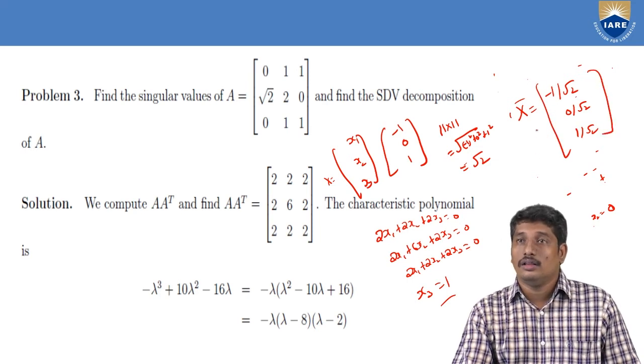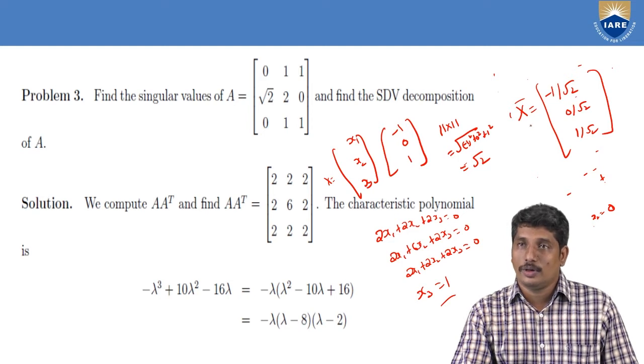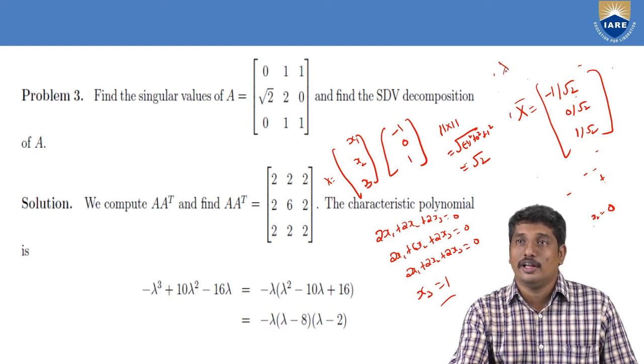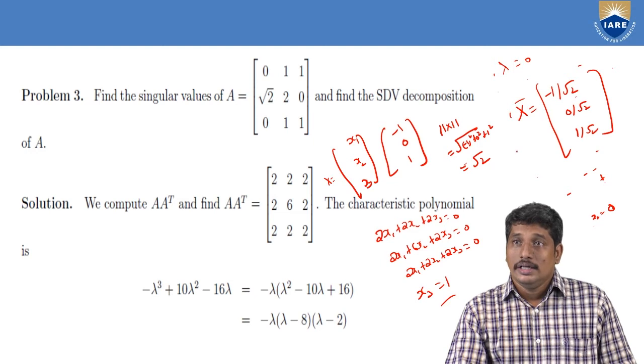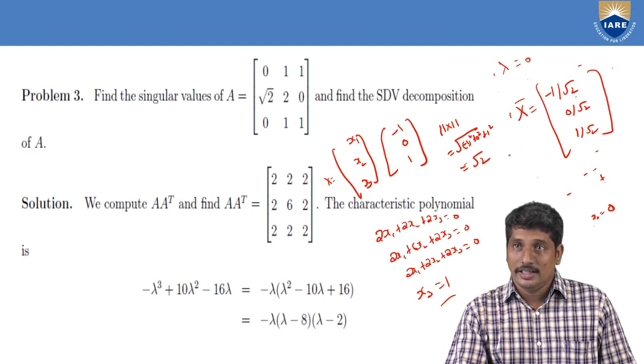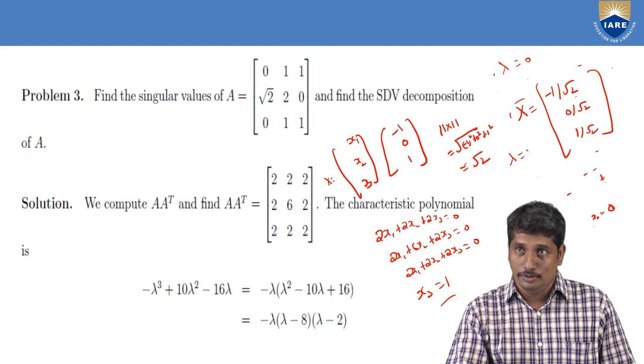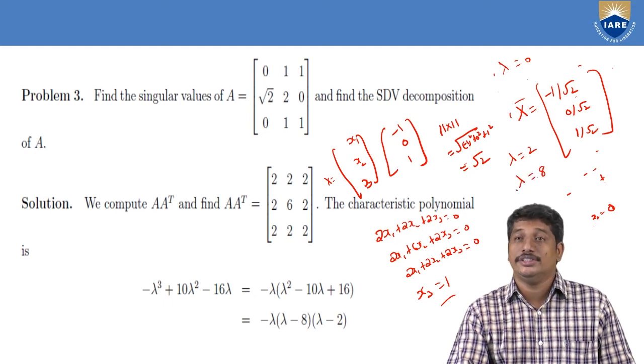This is the first vector we obtained with respect to the eigenvalue lambda equal to 0. In the same way, we can obtain the eigenvectors corresponding to lambda equal to 2 and lambda equal to 8.